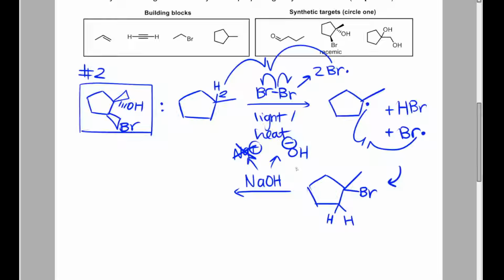But it's basically going to act as a base. Remember that the difference between a base and a nucleophile is that a base attacks a hydrogen. So it's a hydrogen acceptor or a proton acceptor, whereas a nucleophile attacks either a carbocation or just a carbon, and that will push the leaving group out. So in this case, NaOH is a base, or more specifically, the OH minus is a base.